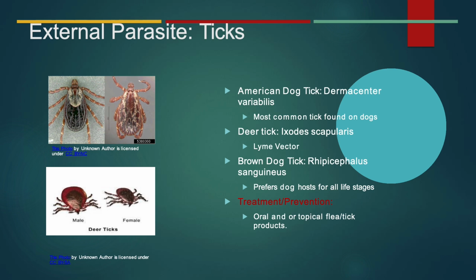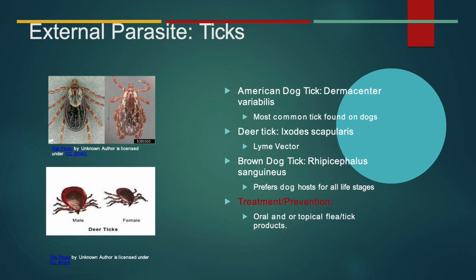The three ticks that we see the most: the American dog tick, Dermacentor, is the pretty one up there. The deer tick is the tiniest one, and it's really hard to see. The nymphs are even smaller than this, about the size of a pinhead, but they can still take a blood meal and transmit diseases.